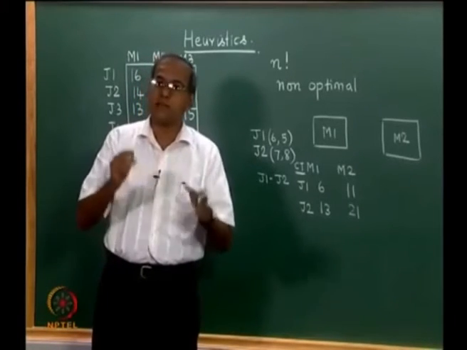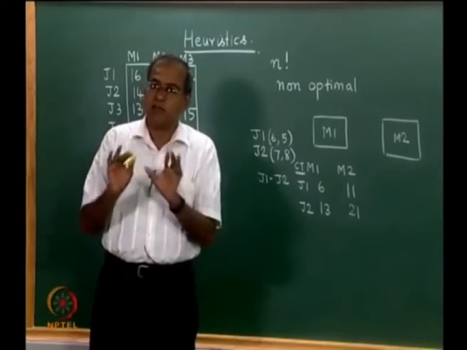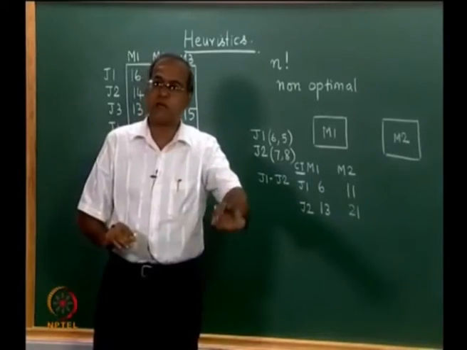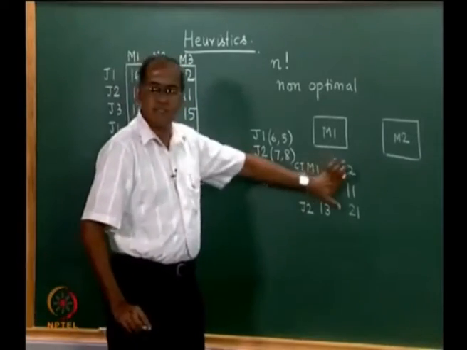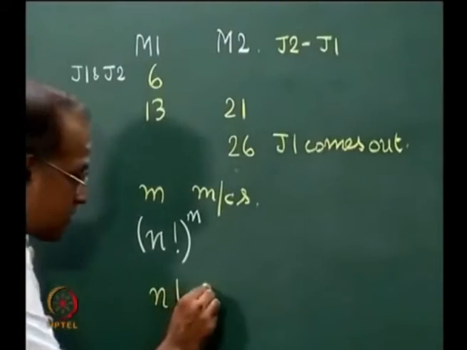Those situations where we consider the same sequence for all the machines, such as this, is called a permutation flow shop.